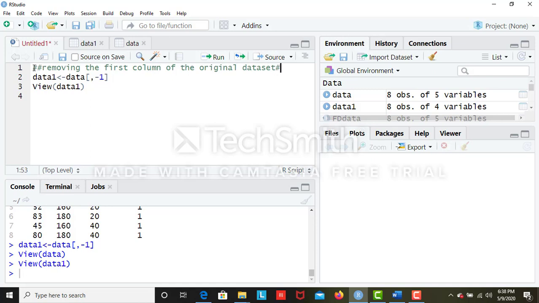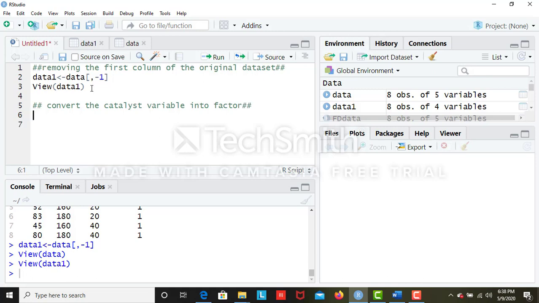Now what I want to do is to convert the catalyst variable into a factor, so that I will not see that as a numeric variable. That is the reason for doing that.